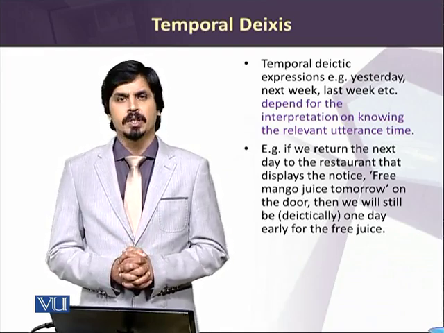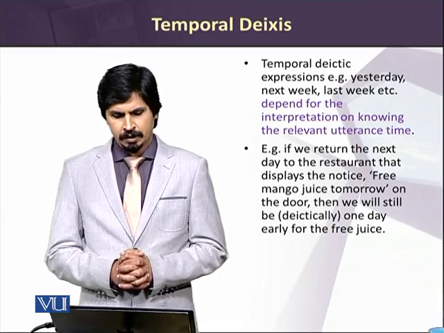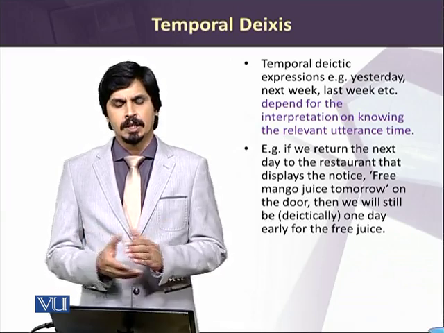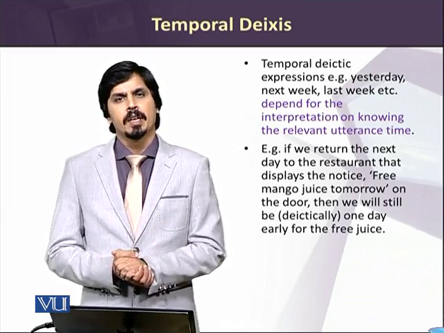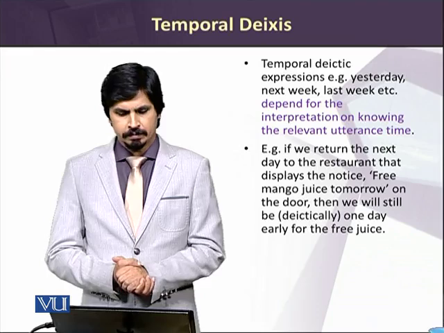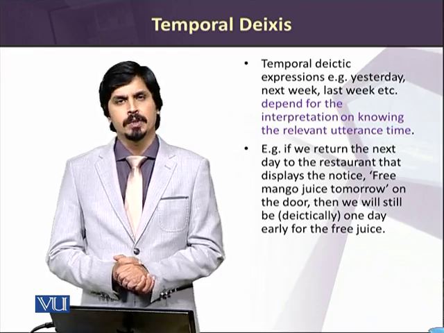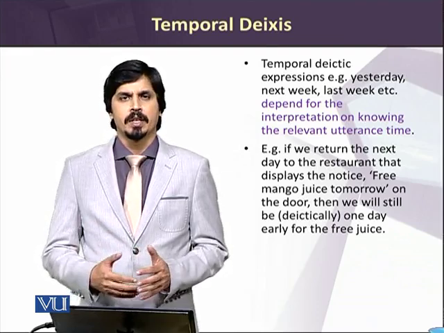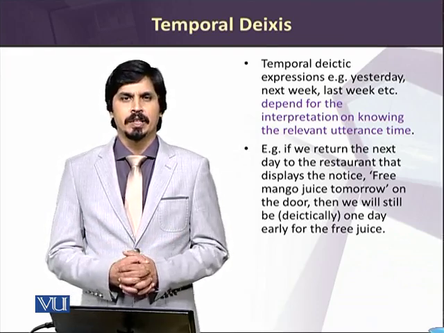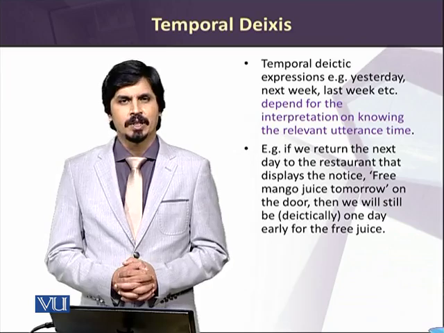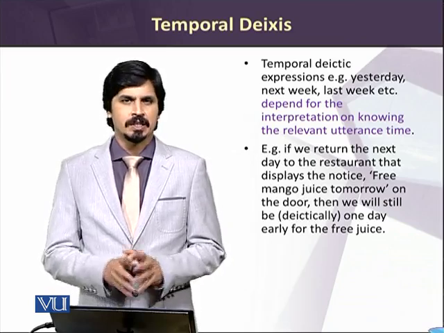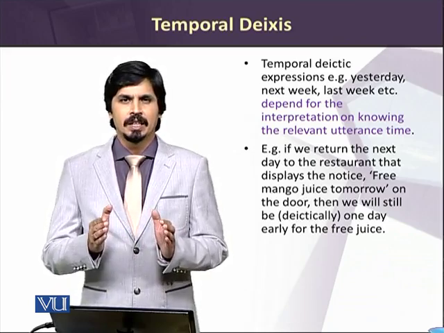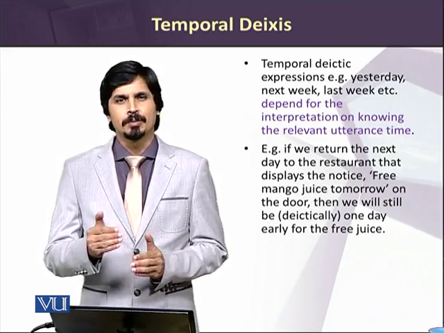For example, if a restaurant says a free mango juice tomorrow, and we return to the restaurant the next day, we are still short of a day for that free juice. We will still not be able to get that free juice because it's still not tomorrow.